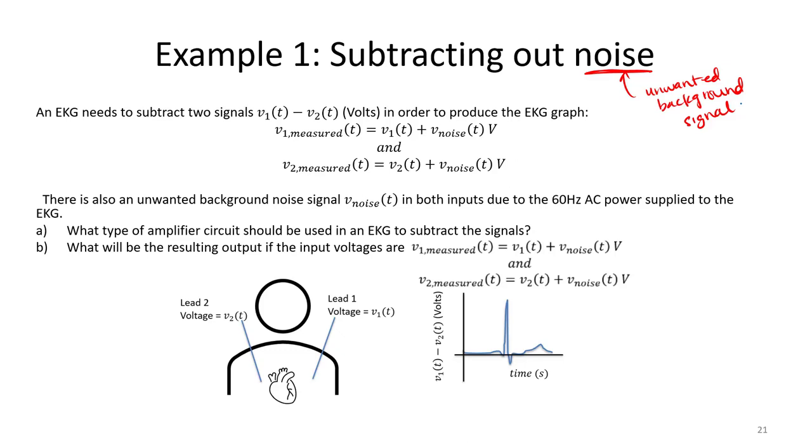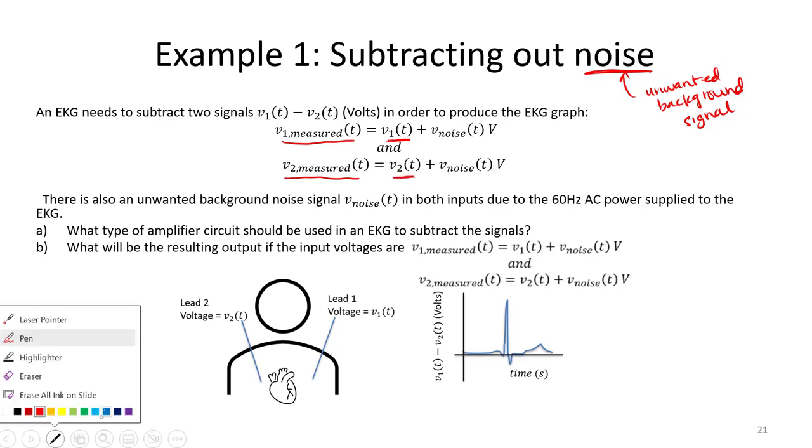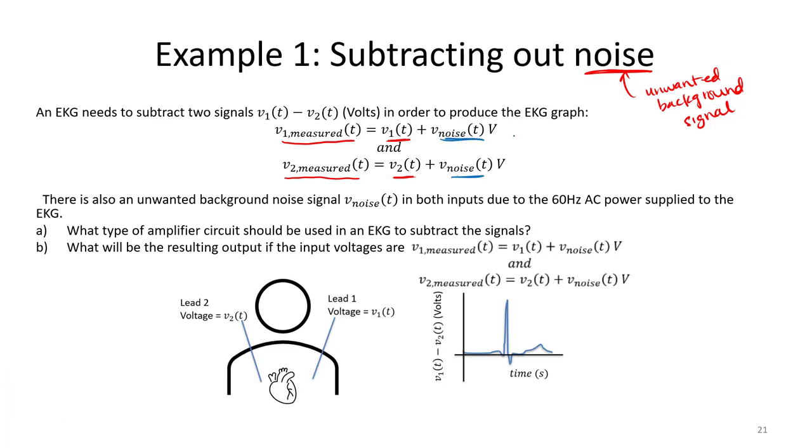So the electrocardiogram probes may pick up background noise from other electronics nearby or other signals in the room. So the actual voltage that our electrocardiogram probes will measure will include the actual voltage we want, and it will also include some undesired background noise.